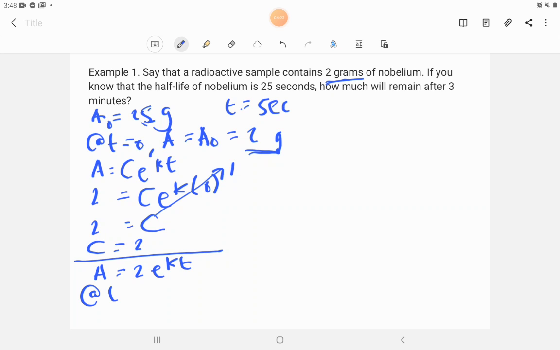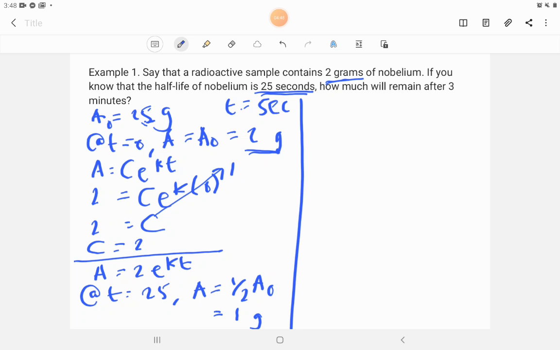Now the problem says the half-life of nobelium is 25 seconds, so at t equals 25, since it is the half-life, A becomes 1/2 of A sub 0, or the amount of substance initially present, which means it becomes 1 gram. So we substitute that in our equation.